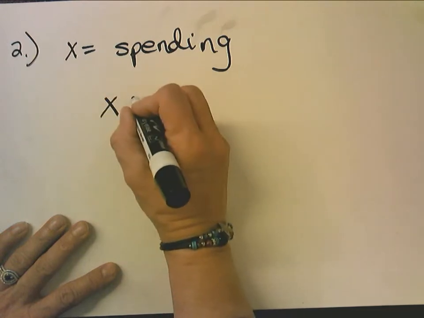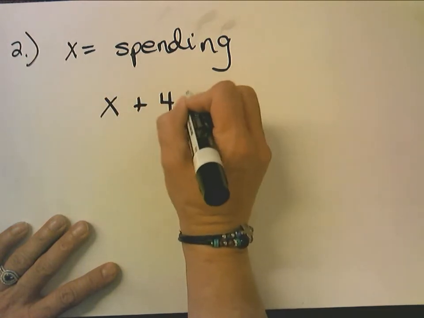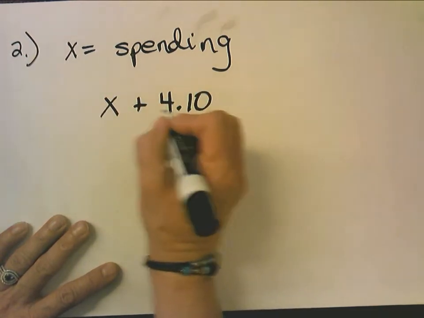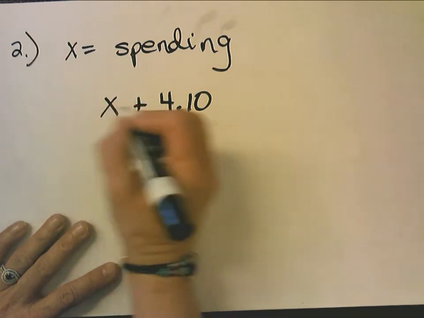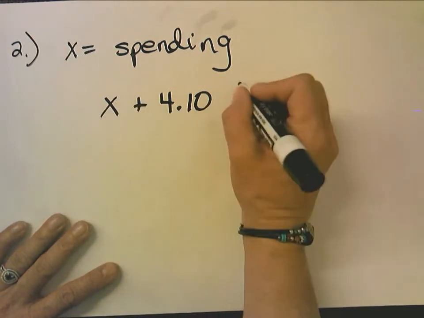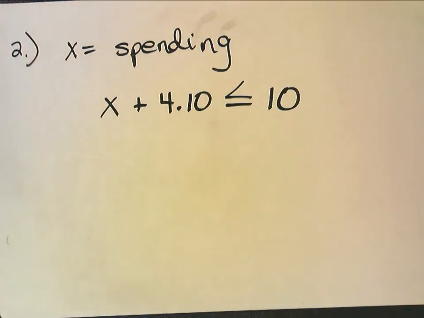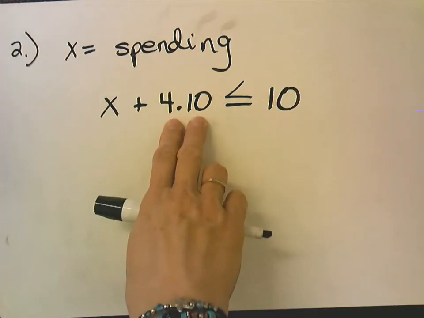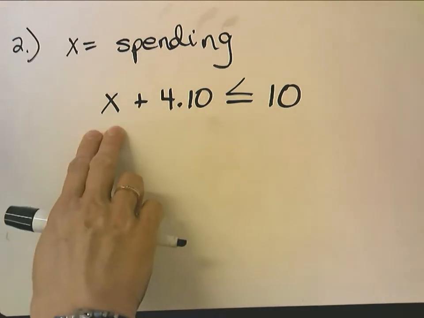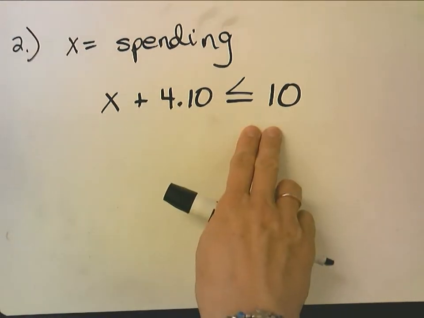She already spent $4.10, so she can only spend x more to make it at most $10. So she already spent $4.10, so she can only add x to make it less than or equal to 10.